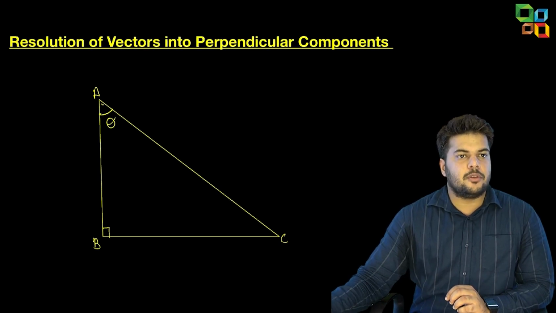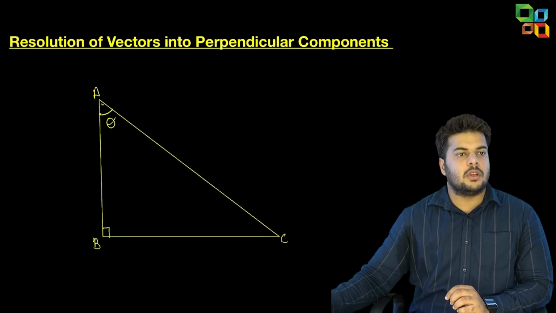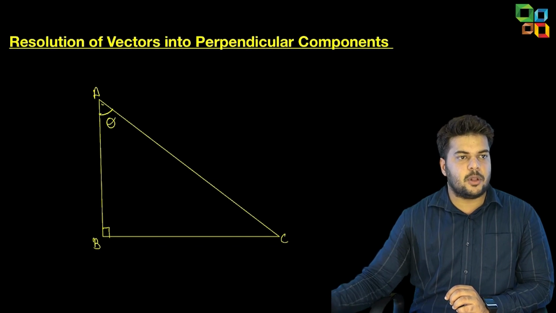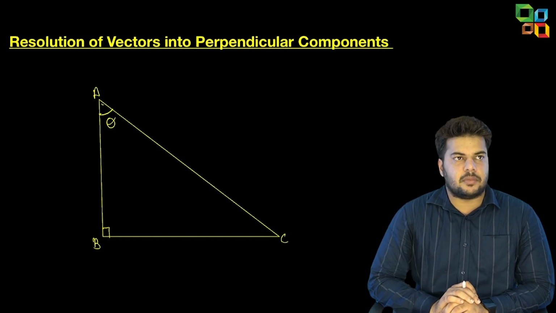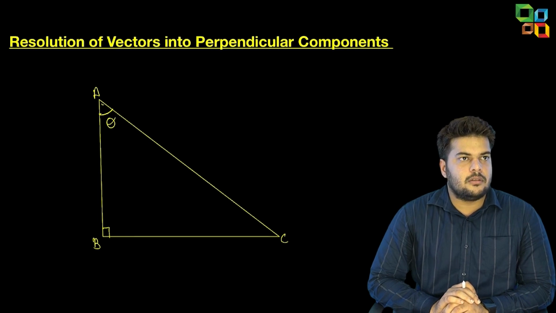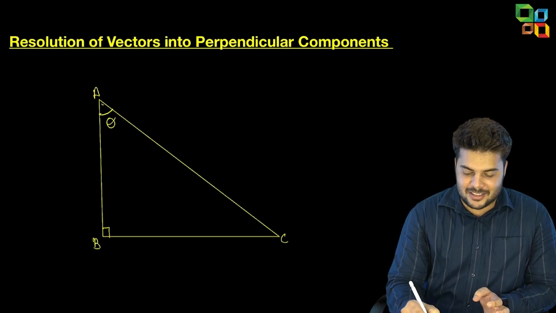I'm going to define a few ratios. Now this might be scary because so far in mathematics they might not have used this terminology. Let's define something. So the ratios are these: sine theta.